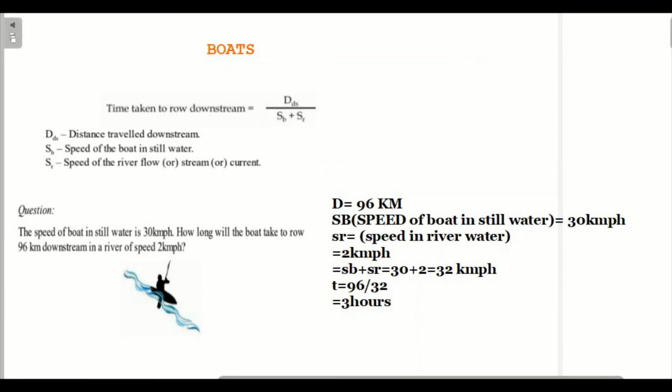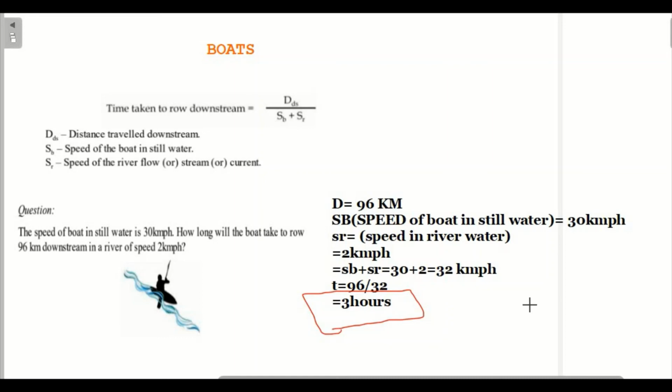Okay. So first we have to calculate the speed of SB and SR by adding it. So here we have the distance. The speed of boat in water is 30 km/h. How long will the boat take to row 96 km? We have to find for 96 km how long it takes.